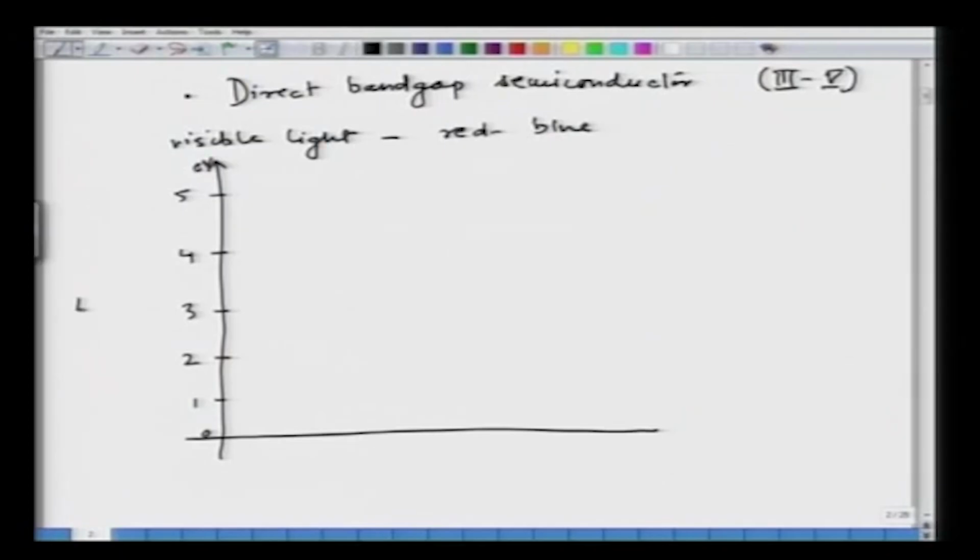So, this is the band gap of the material, this is given in electron volts. The range of energy that we are talking about, which comes in the visible range, is going to be from about above 1.5 eV to about 3.4 eV.